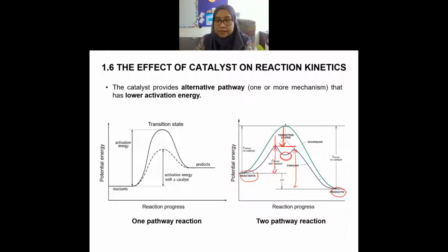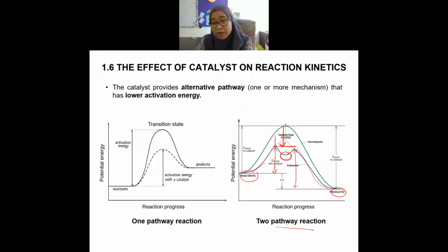It's just that we have to be aware that if it says two pathway reaction, it means there are small reactions here. So this first step, then we have second step. So that means we have two steps there. So this will be two pathway reaction.